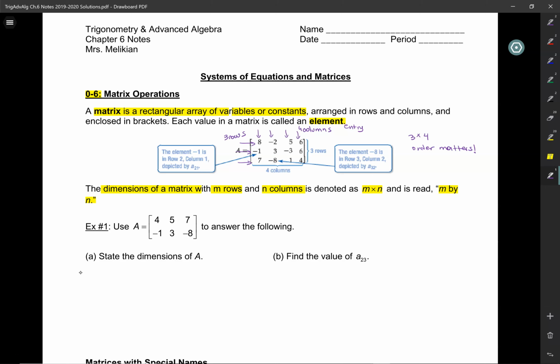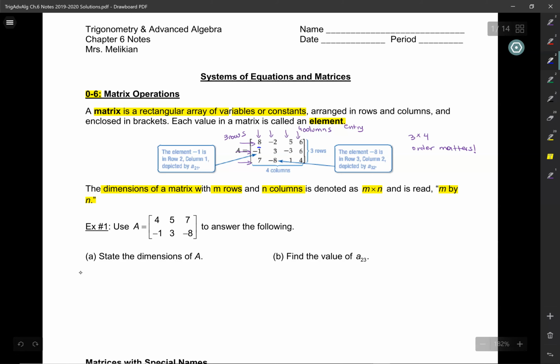Now, each one of these elements has a name that signifies the position it sits in. For example, if instead of referring to you by your names when we were in our classroom, I referred to you as second row, third column, that's how we refer to the entries here.